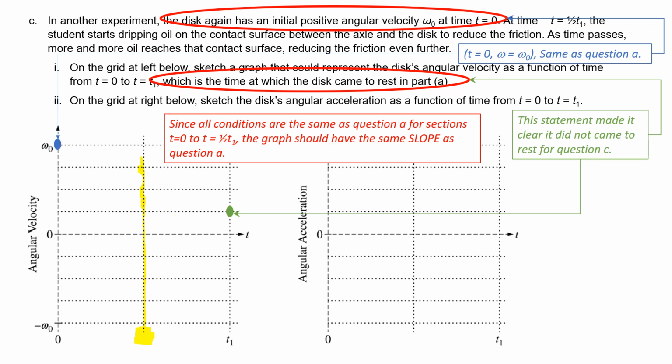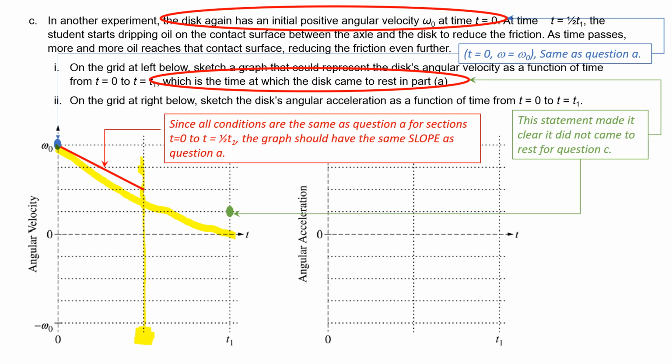So let me just draw it again. It should have a straight line all the way to 0, like this. So that's only for the first section. So let me just put it here, somewhere there.